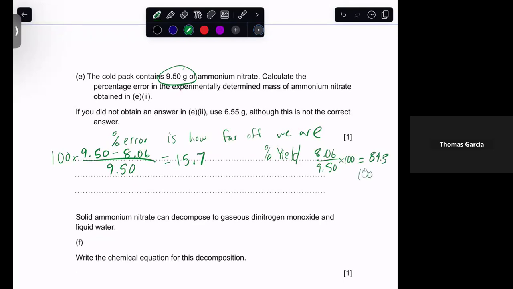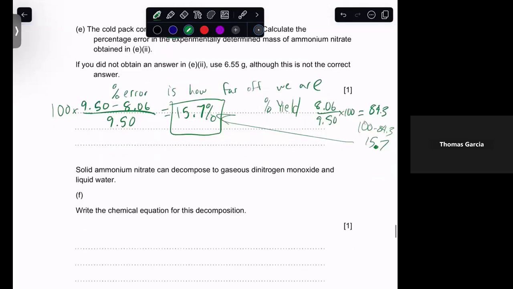Well, 100 minus 84.3 gets you 15.7. So our percent yield and our percent error are just the opposite of each other. Anyways, that's our correct answer, 15.7%. Anywhere in that region is good.